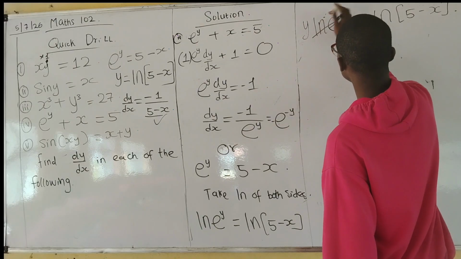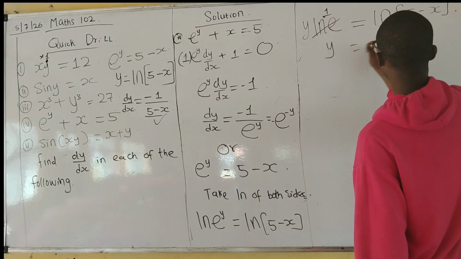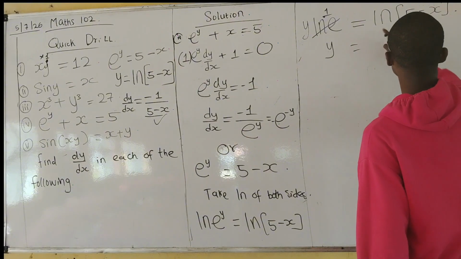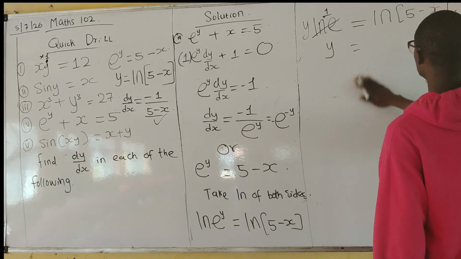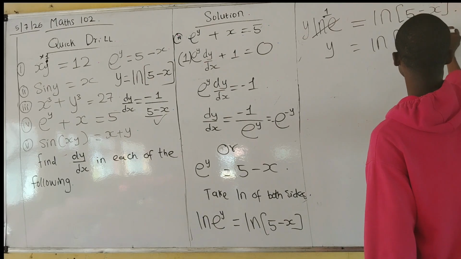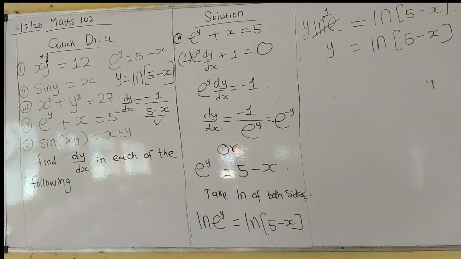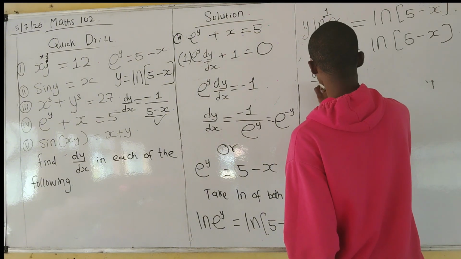So since it will give you 1, we have 1 multiplied by y is y. Then here we have this, right? So if we now have this, we can say that y is expressed explicitly in terms of x. So we can now find dy/dx.